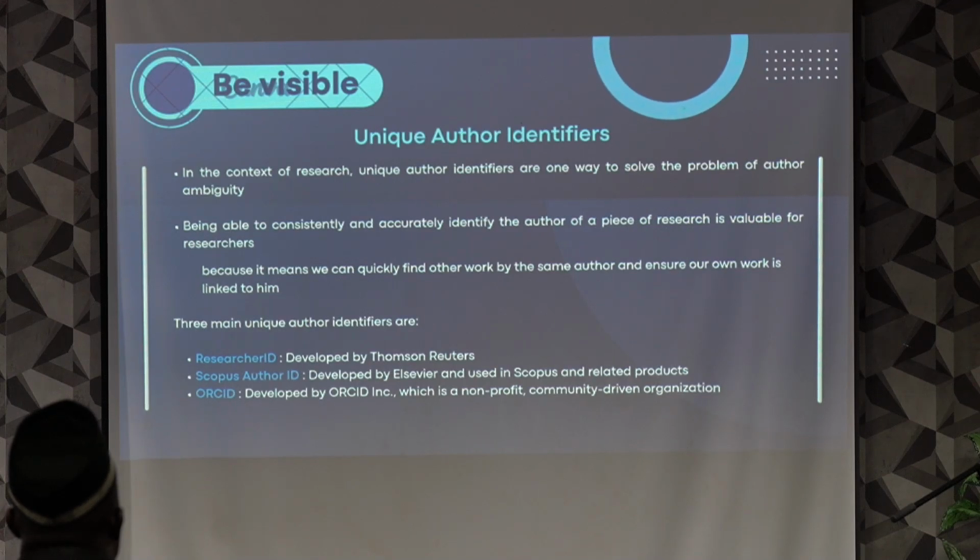Nowadays, you need to have these, whether it is the Researcher ID, which will automatically appear when you publish in Web of Science. So this one you don't have to do anything about. Or your Scopus Author ID, which you also don't have to do anything about, other than maintaining it once you get it.